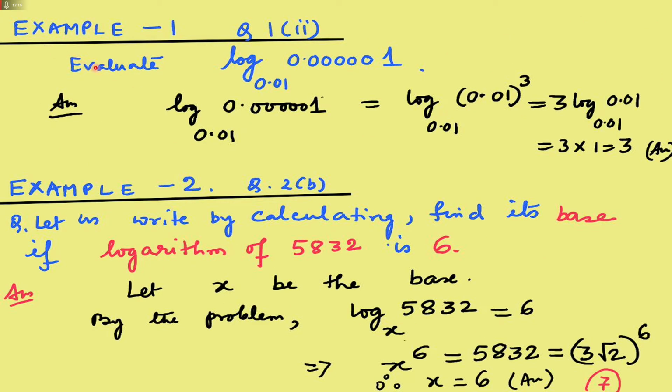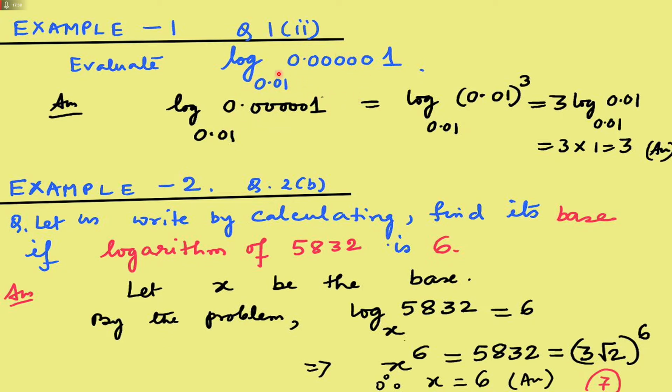Now here I am solving some examples from your books. I am referring here to Example 1, question number 1 of 2. The problem is to evaluate log 0.00001 with the base of 0.01.